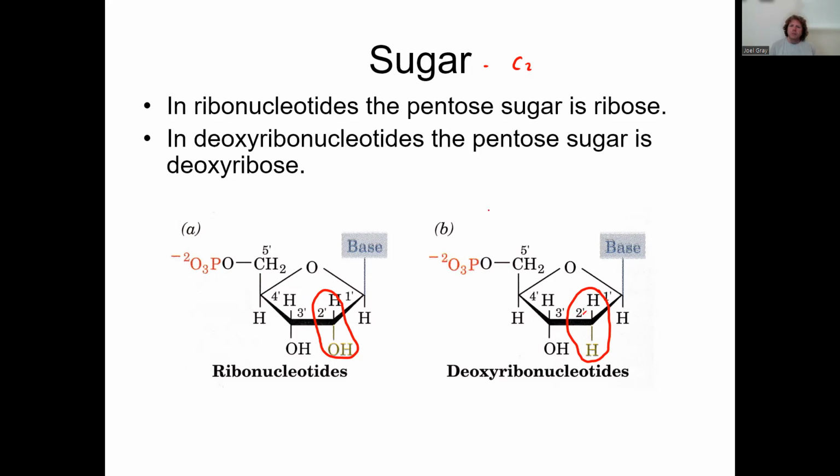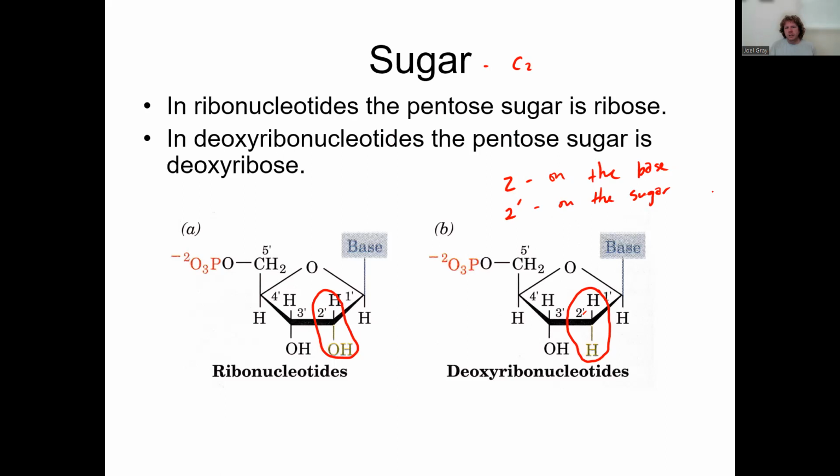So if you talk about position 2 in a nucleotide or a ribonucleotide or a deoxyribonucleotide, this is in reference to the base. Whereas if you talk about 2 prime, that is on the sugar. So that prime numbering scheme is employed just to talk about the positions on the sugar.